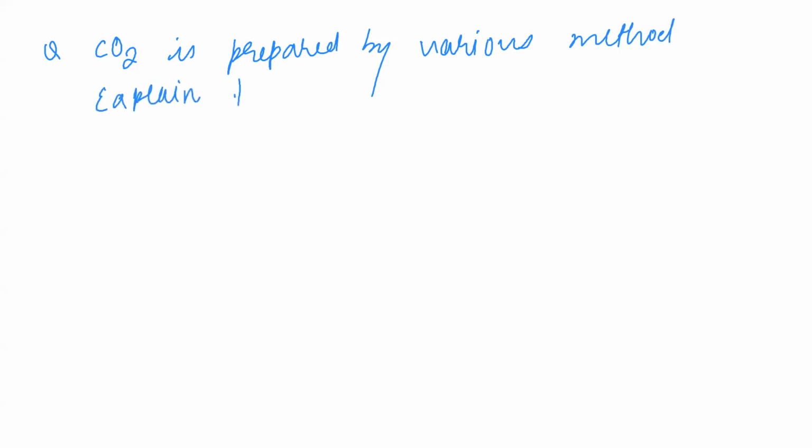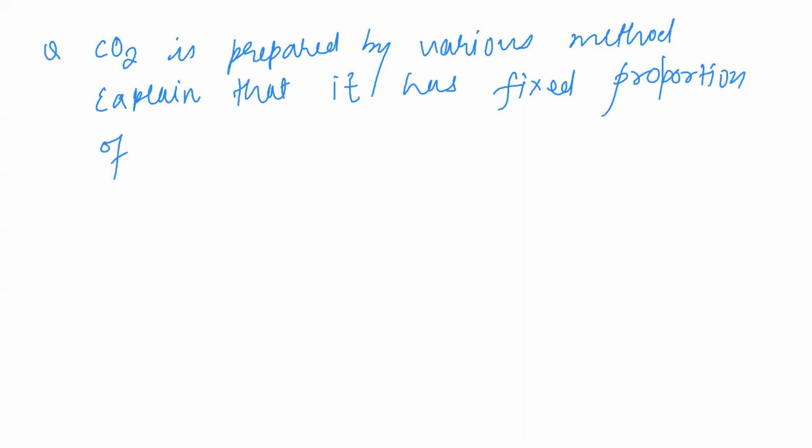Explain that it has a fixed proportion of elements by mass. What rule do they follow?